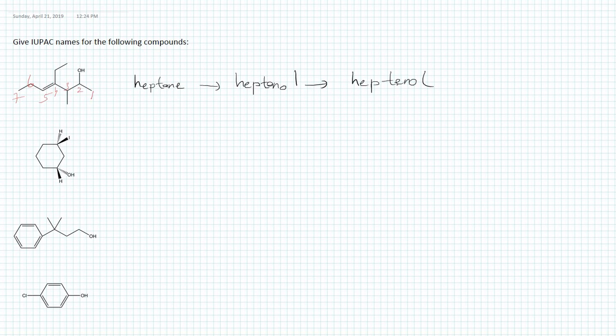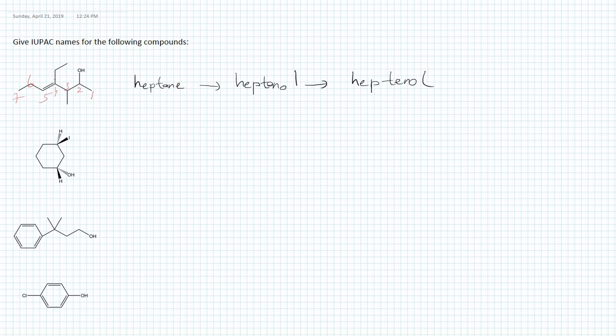So we included both alkene and alcohol functionality in the name. Then we have to specify what kind of substituents we have. We have a methyl at third, and we have an ethyl at fourth position.